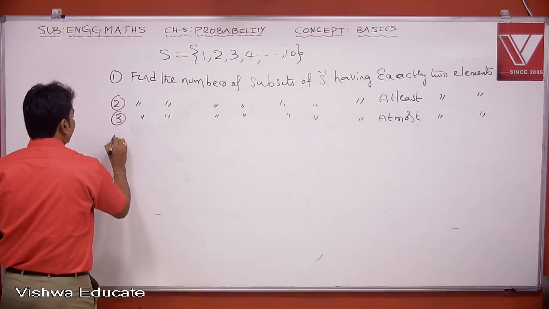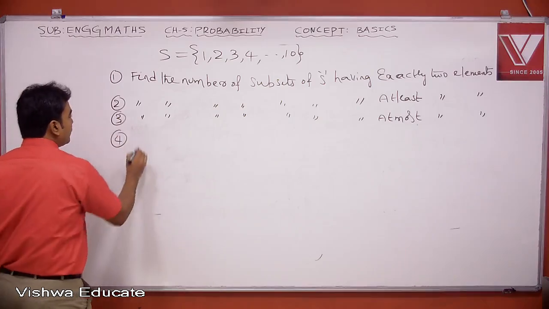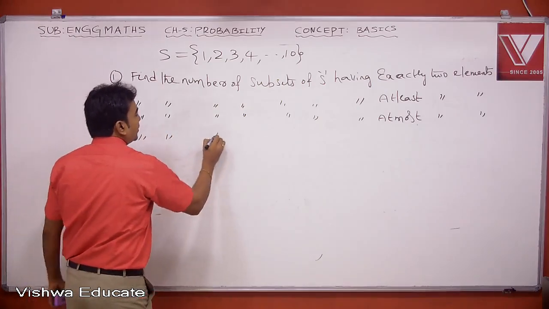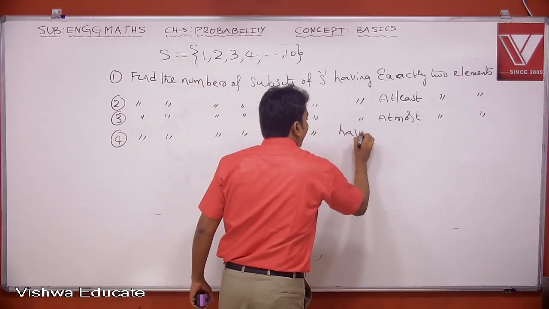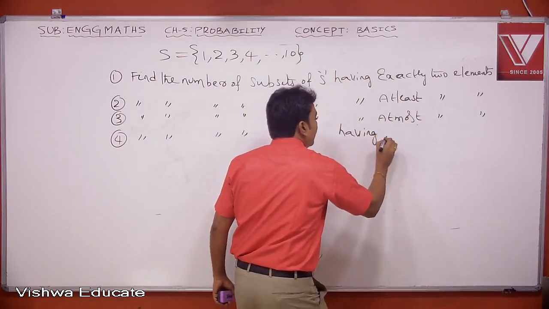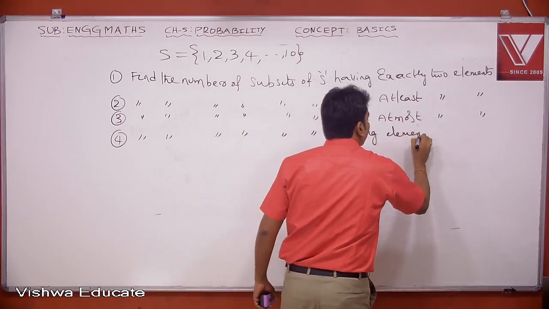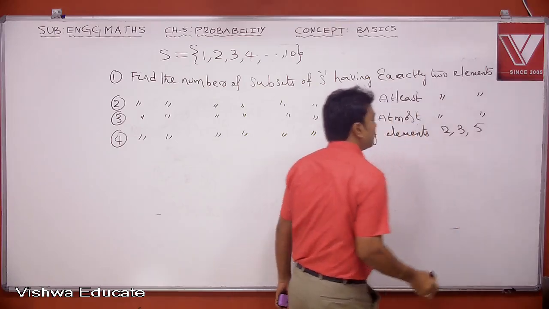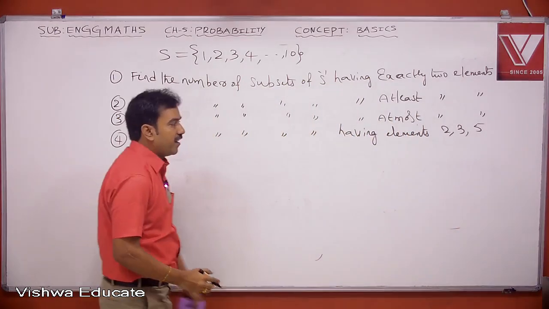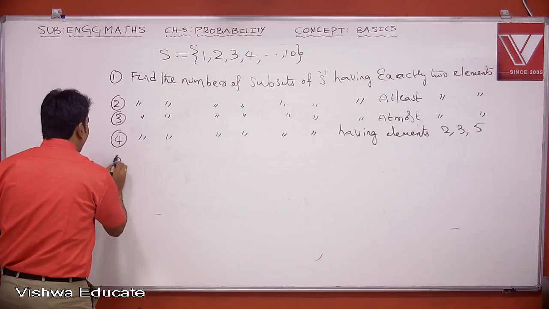Now let us discuss question number 4. Find the number of subsets of S having elements 2, 3, 5. Question number 5.